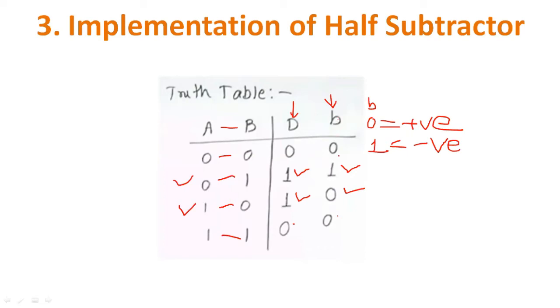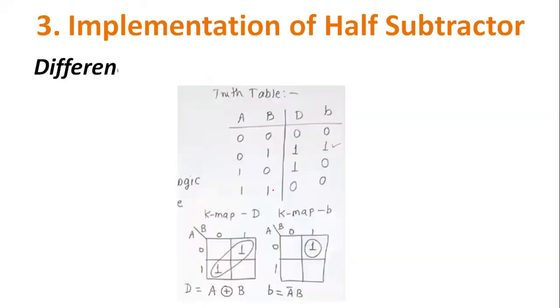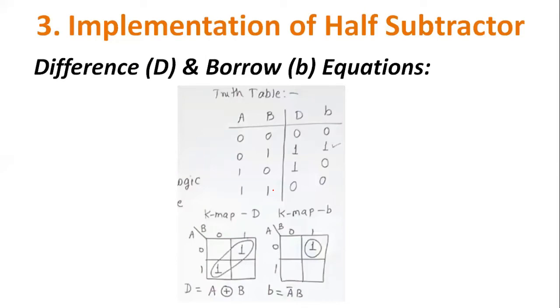For the borrow K map, we will have only this combination 1. Now the difference and borrow equations from the K map. For the first combination we will have the 1, and the second combination will also have 1. For borrow, we will have only this combination 1.